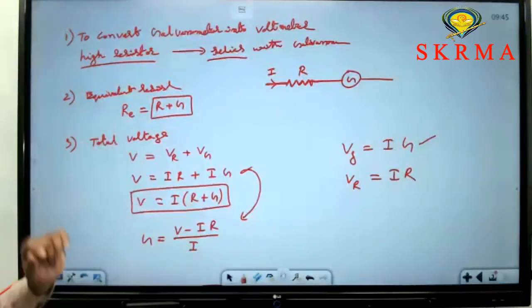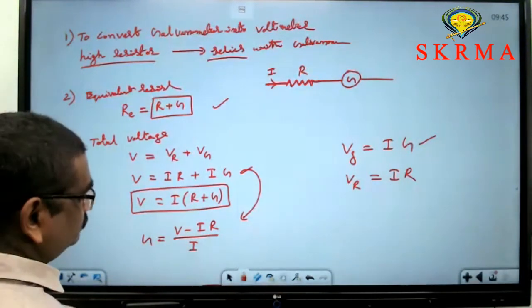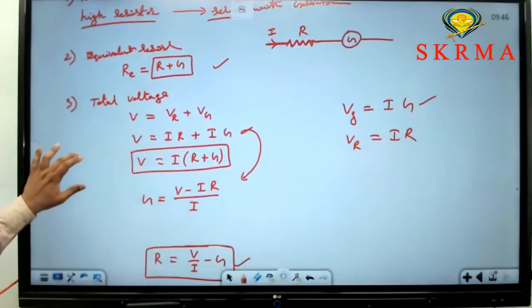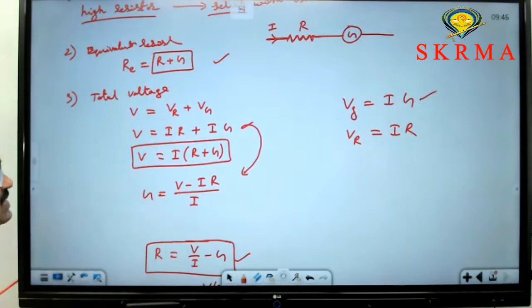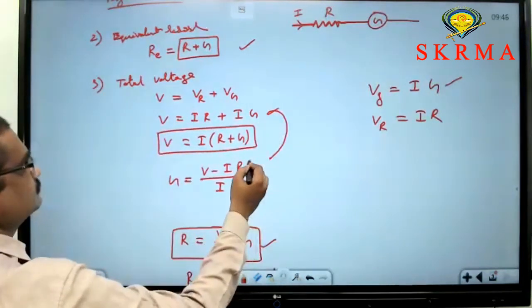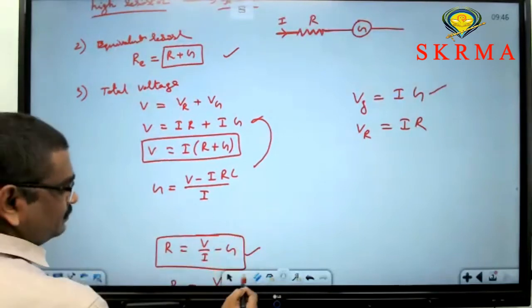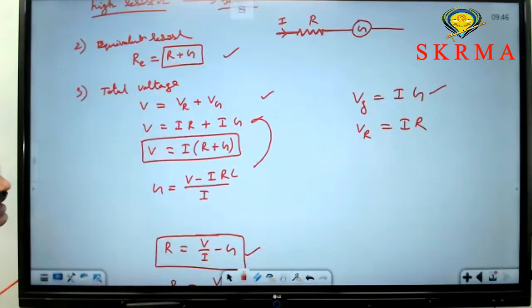Now these two are in series. What is the equivalent resistance? Sum of the individuals only. So R plus G is the equivalent resistance. Next, what is the total voltage? As they are in series, the total voltage is the sum of the individuals: the voltage across the galvanometer plus the voltage across the resistor.